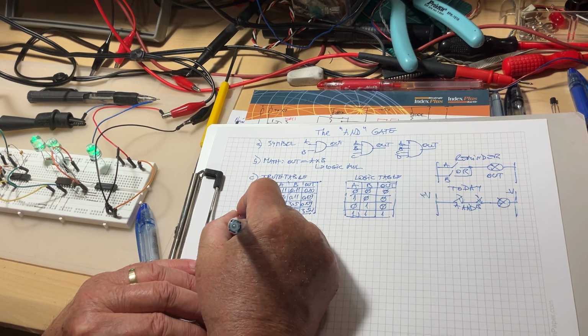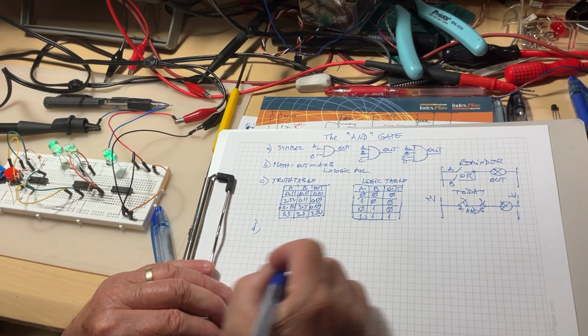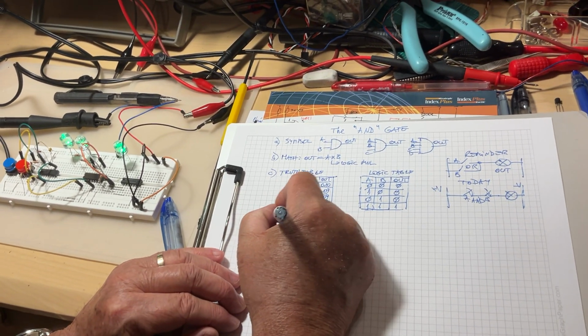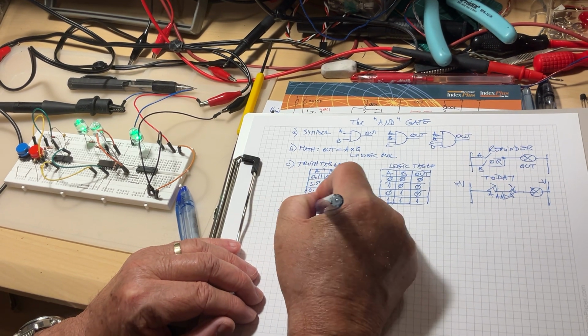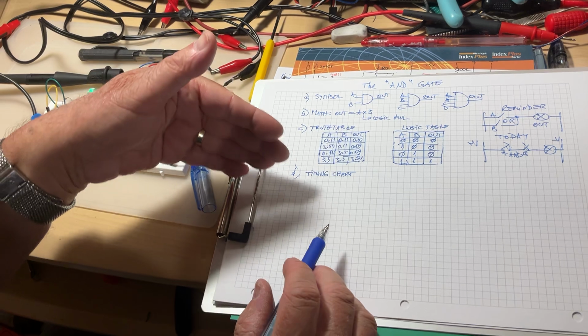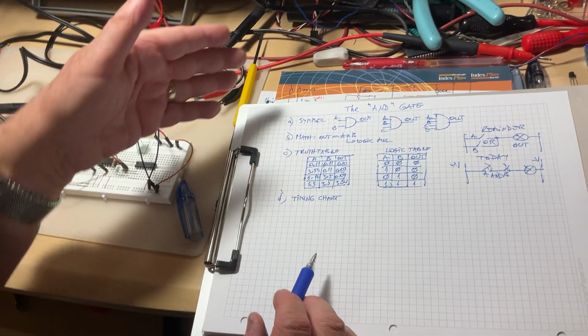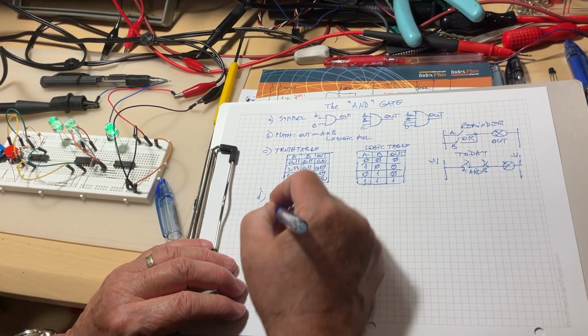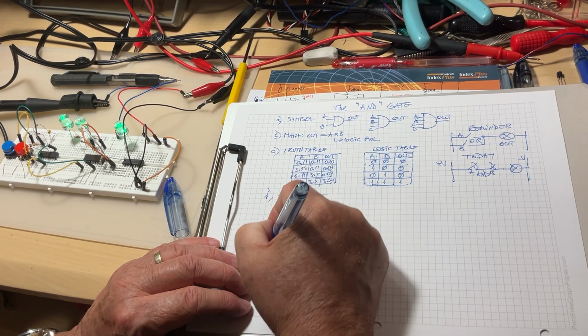Let's go for D. For D, we have here what we call the timing chart. That's exactly the same pattern I used before for the function OR. So the timing chart. What is the timing chart about?